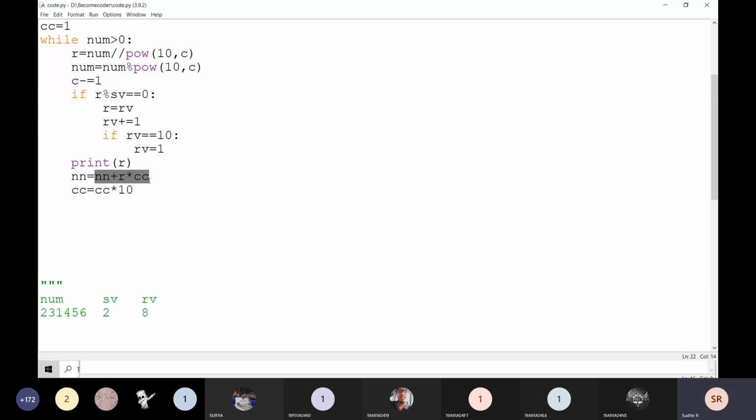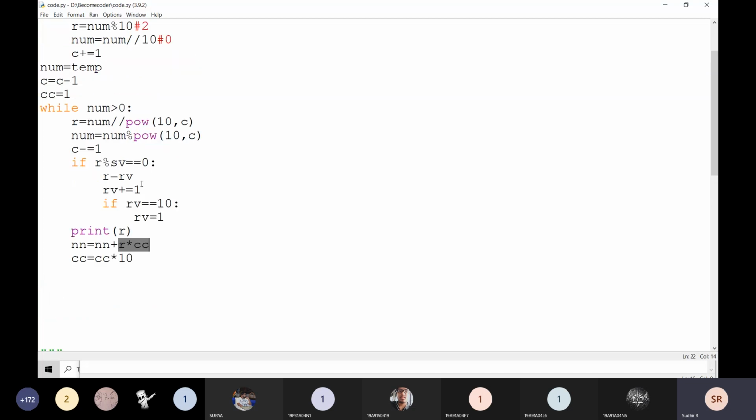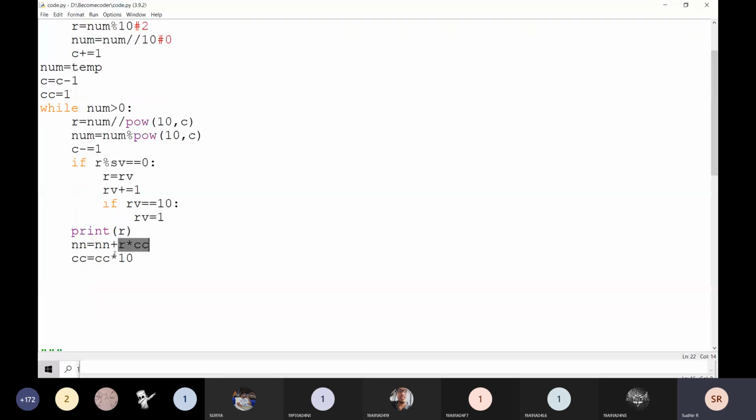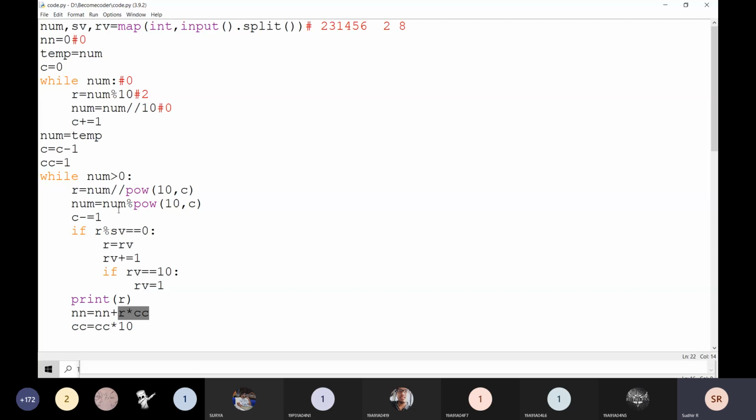NN into 10, NN into R. Then what is the R value? R value into CC. Then it becomes, what is that? 8 into 1. 8 into 1 plus 0, that is going to be 8. That is going to be 8.